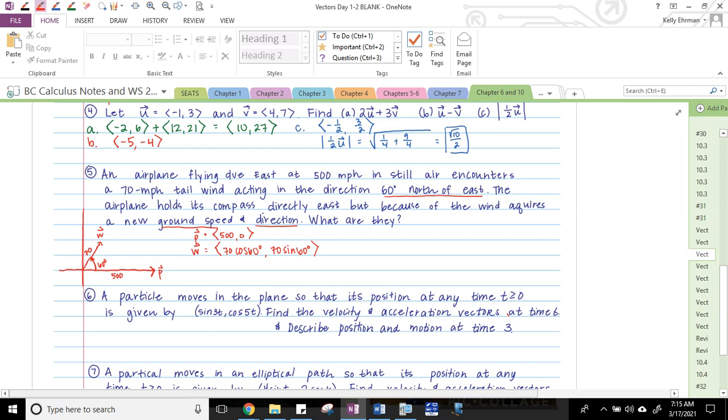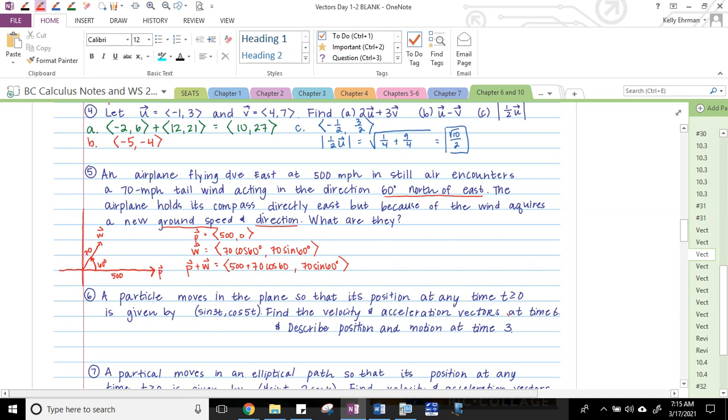And so what we're looking at, since it's a tailwind, is the P plus W vector. That would be 500 plus 70 cosine 60, and then 0 plus 70 sine 60. I need that new velocity vector so that I can figure out the ground speed.